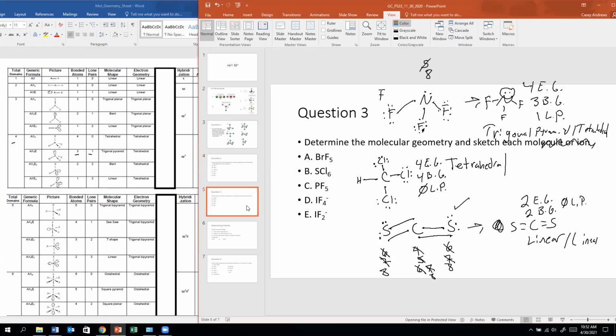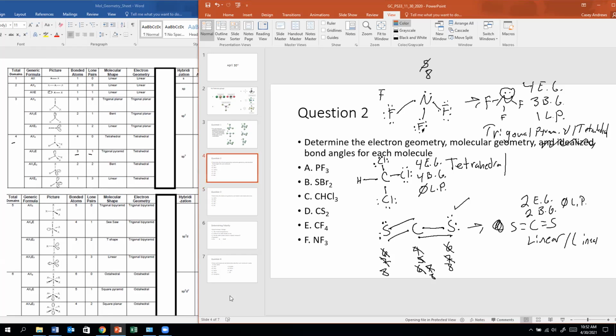Yeah, question 3 is the same idea as question 2. It's just more practice. Can we do E? Sure. E is super easy though. It's the same as C. I can do that really quick.